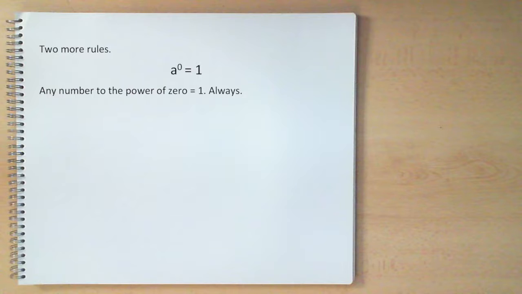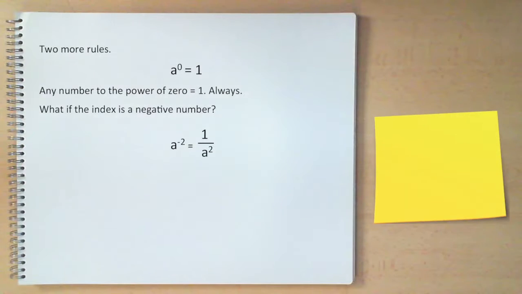Then, what about if the index is a negative number? This isn't actually very difficult at all. We'll have a quick look at an example and then we'll show a very quick proof of this. So a to the minus 2, very simply that's equal to 1 over a squared. Let's quickly look at a proof of this.